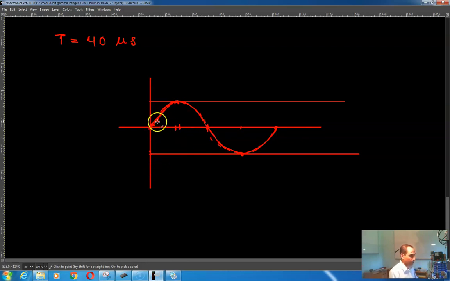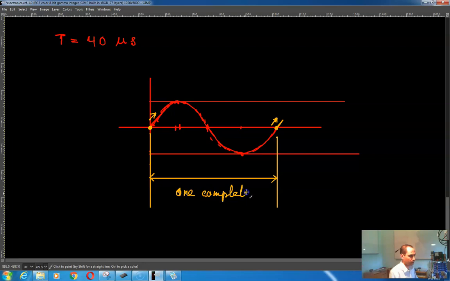Now this is one complete cycle of your sine wave, meaning that at this point your output is 0, at this point your output is 0, and at this point the function is increasing. So from this point all the way up to this point, this is one complete cycle.